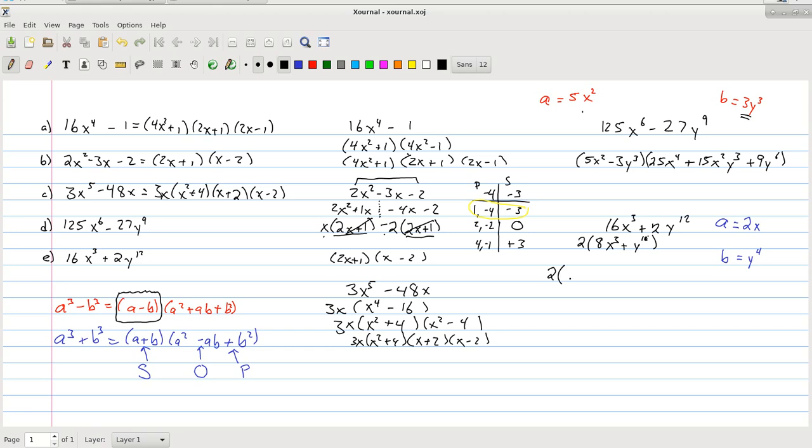And now we have a plus b. So 2x plus y to the 4th times a squared. We now square the a, which is 4x squared, minus a times b, 2x y to the 4th, plus b squared. If we square b, we get y to the 8th. And now this is factored completely.